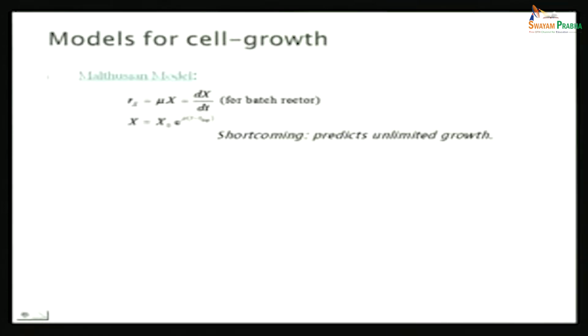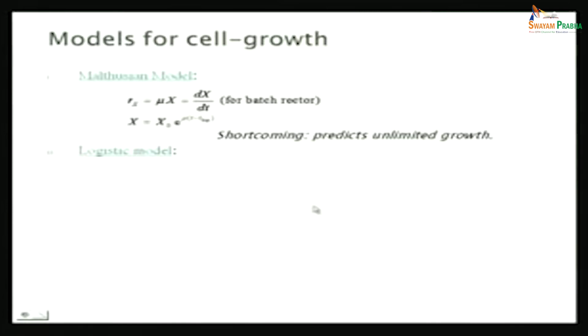What is the shortcoming of this model? If mu is a constant, then the exponential growth phase continues forever. There is no way to predict the stationary or the decay phase here. The only way is to use this model and cut it off at a certain time scale.